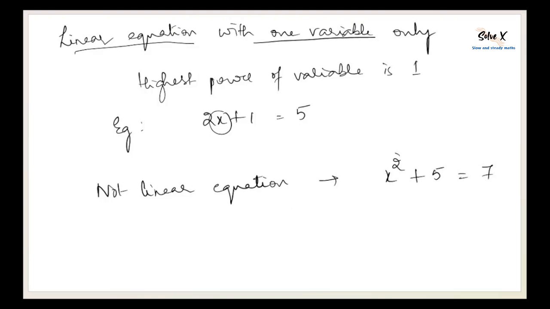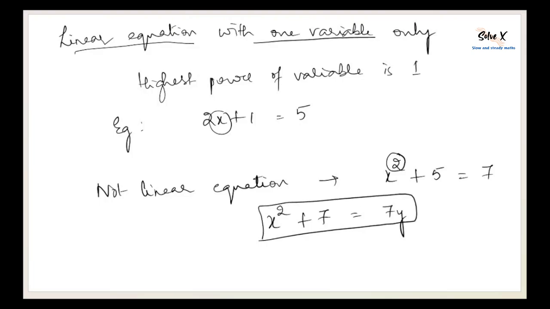Here the highest power of the variable is 2, so this is not a linear equation. x square plus 7 is equal to 7y also is not a linear equation. Moreover, this equation involves two variables, x and y. So we will learn only about equations with one variable here.